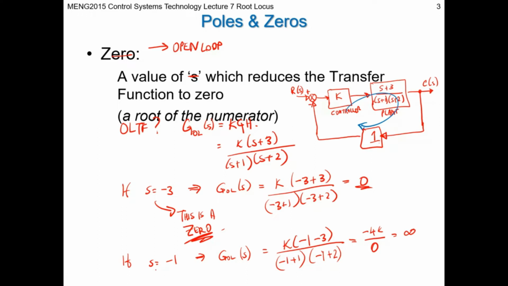And then you could also say if S equals -2, it's going to be the same thing.